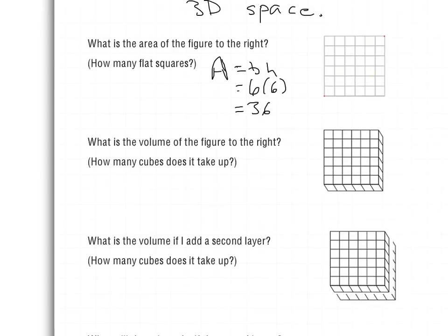Looking at our prism here, we can see that it still has a base that's exactly the same, 6 by 6, and it is 1 unit tall. What is the volume of the figure to the right? How many cubes does it take to make up this particular shape?